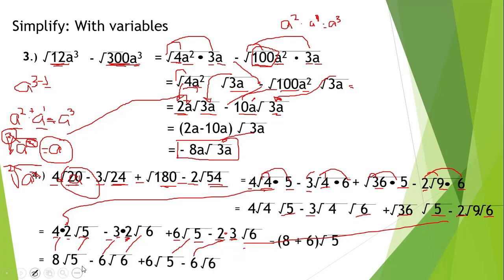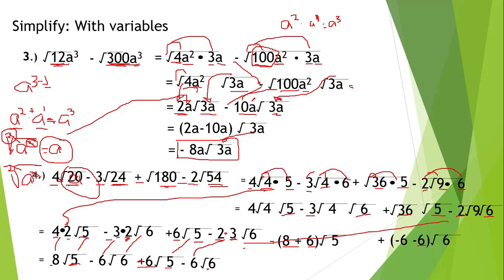Next, we need to add or combine the like terms. Since the square root of 5 is the same here, we add 8 plus 6. Then copy the common expression, which is square root of 5. Plus negative 6 minus 6.